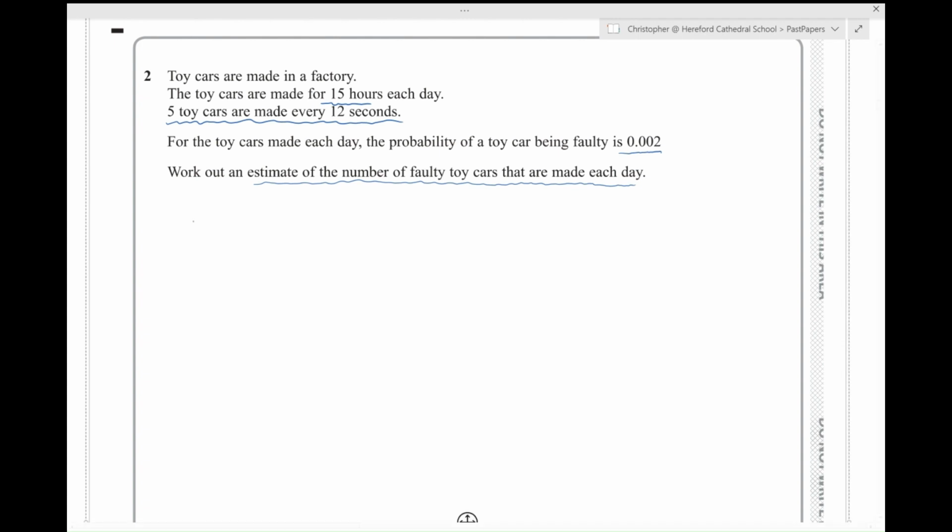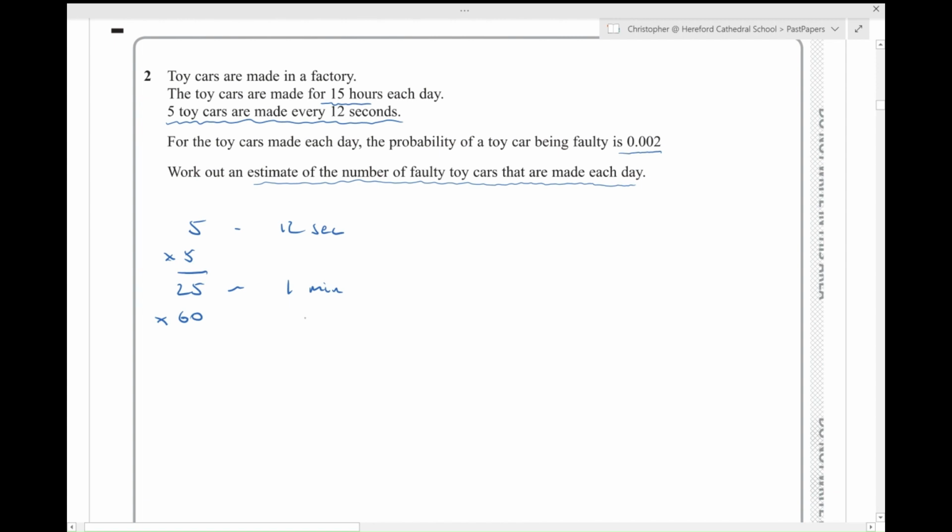Now, I know that 5 are made in 12 seconds. So I could multiply that by 5 to work out how many are made in a minute, 60 seconds.